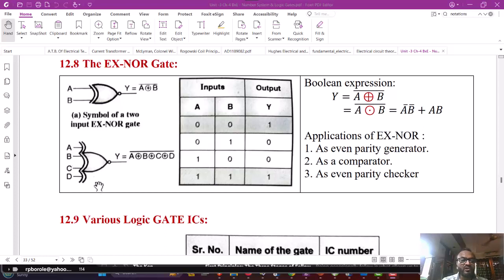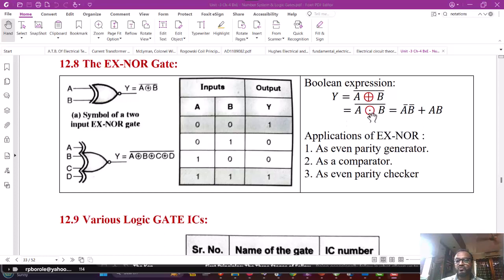Multi-input exclusive OR gates are also available. The Boolean expression of the exclusive NOR gate is shown here. Y is equal to A exclusive OR B, complemented.